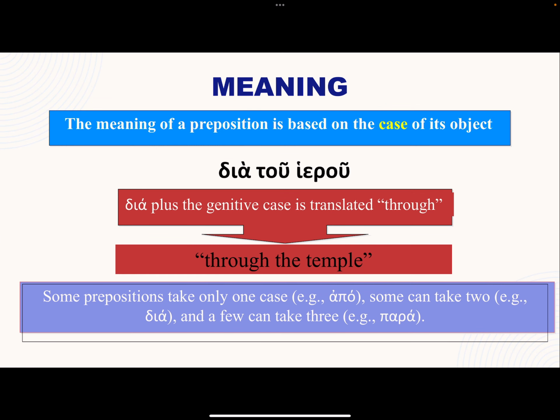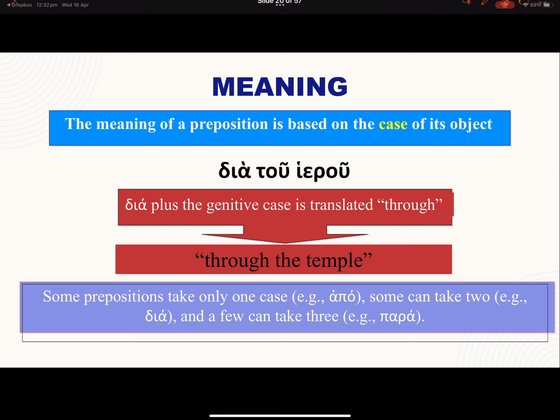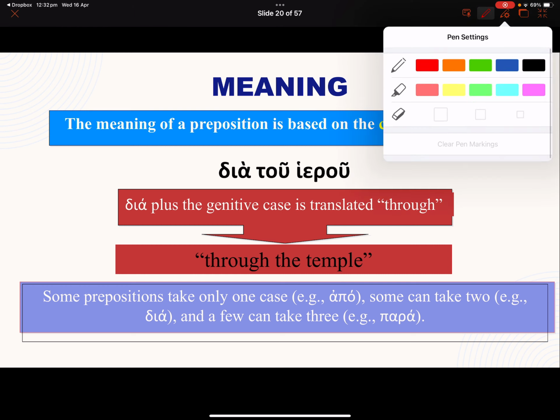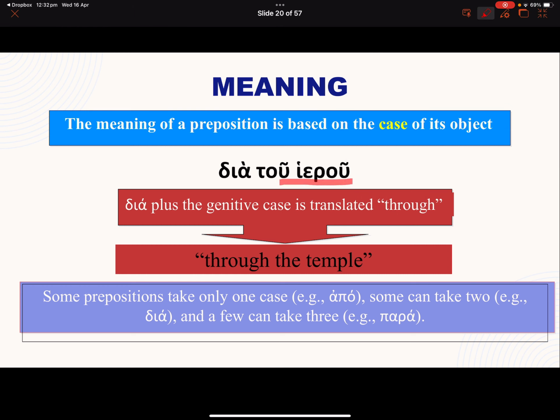The meaning of a preposition in Greek is based on the case of the object. So that is the case of the word which is coming after the preposition. In this example, dia tu hieru, dia is our preposition and tu hieru is the item that is coming after the preposition.